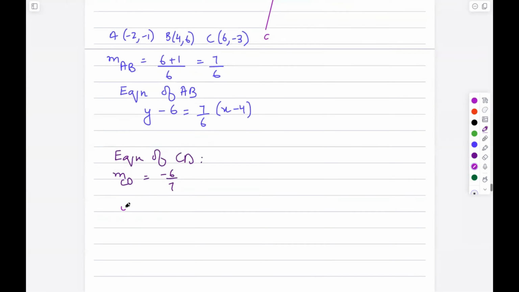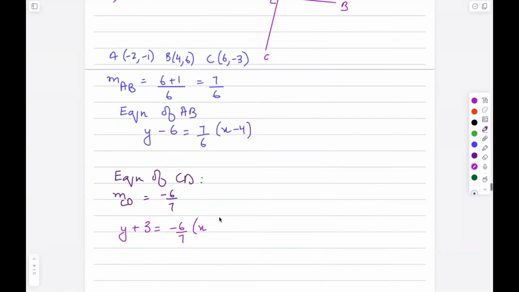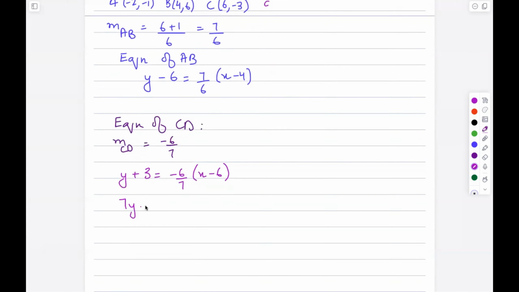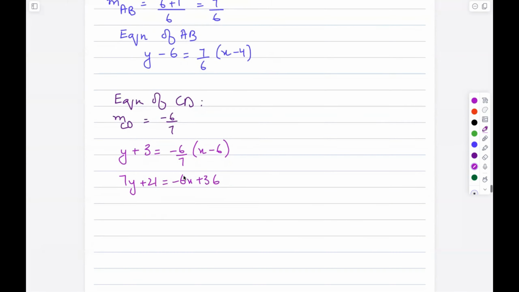So we can make the equation, writing it as y plus 3 is equal to minus 6 upon 7 into x minus 6. Simplifying this, we can write it as 7y plus 21 is equal to minus 6x plus 36. Taking 6x to the left hand side, this will become 7y plus 6x is equal to 36 minus 21, which is 15. So this is our second equation.